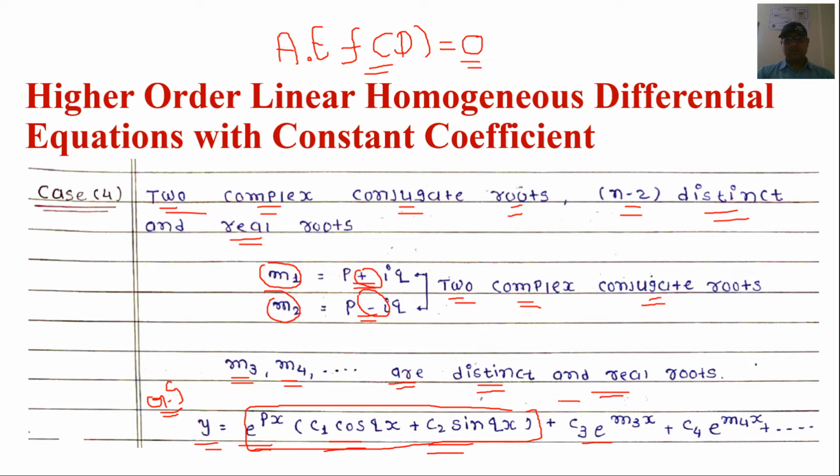Now the second part is for distinct real roots: c3 e raised to m3x plus c4 e raised to m4x up to the nth roots. So this is the case number 4.